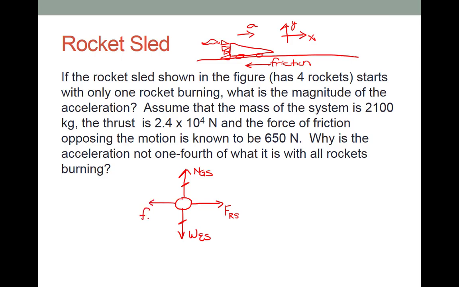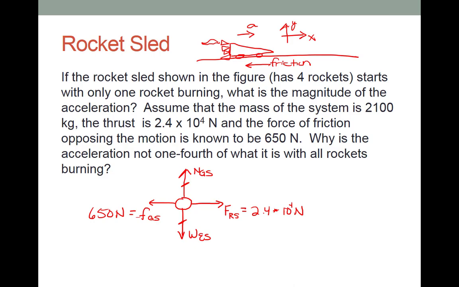And then I have the friction between the ground and the sled opposing the motion. Things that I know. I know that this one is 2.4 times 10 to the 4th newtons because there's only 1 rocket firing. And I know that this one is 650 newtons because I have friction at a known value there.